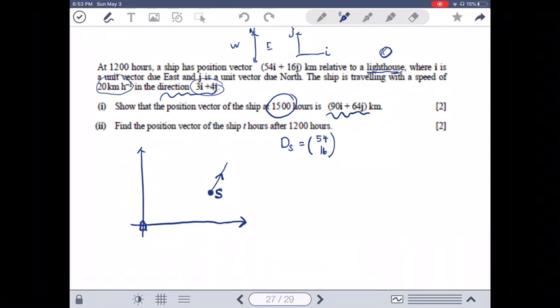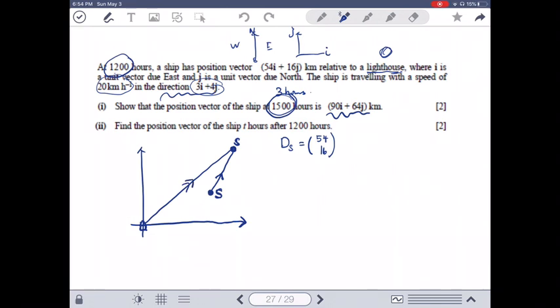So after the ship travels for 3 hours, because the ship starts at 12 hours, what is the position vector? So let's say it goes in that direction. After 3 hours, what is the position vector of the ship? So we want to know that vector.